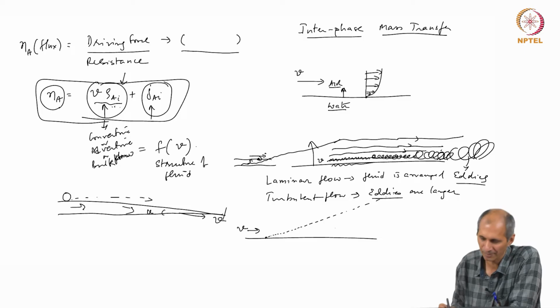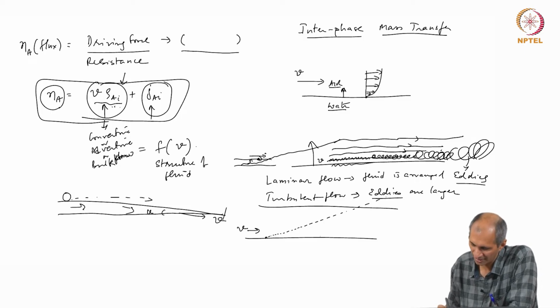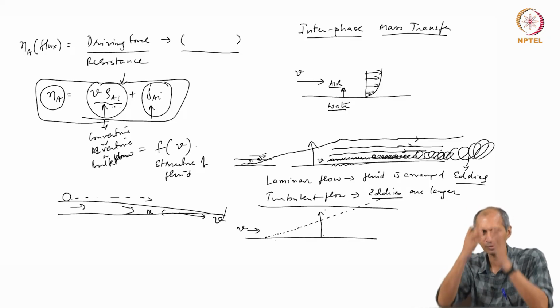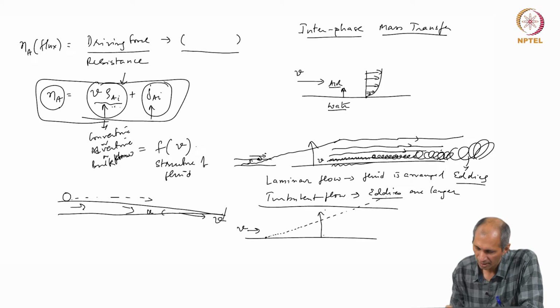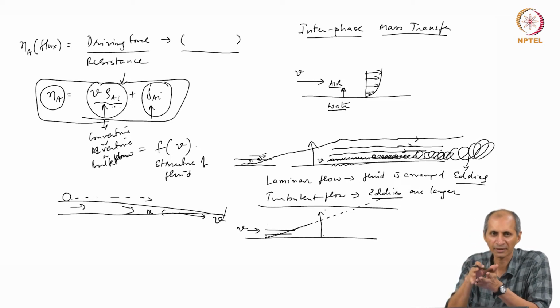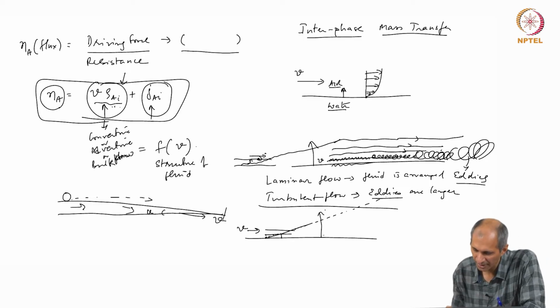Effectively in this given region there is a net mass transfer in this direction, but the fluid is not static, so it cannot move directly upward, it is getting carried. The reason it is going up here is that it may be going by diffusion within a layer, because in laminar flow the layer is very well behaved, it is going only in this direction. So the diffusion is happening in the z direction.